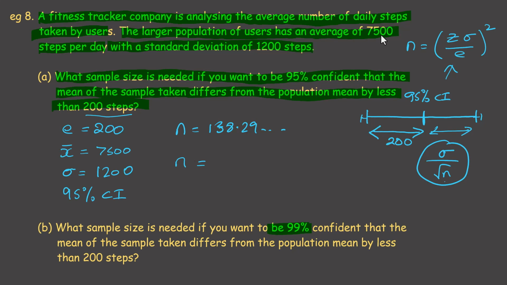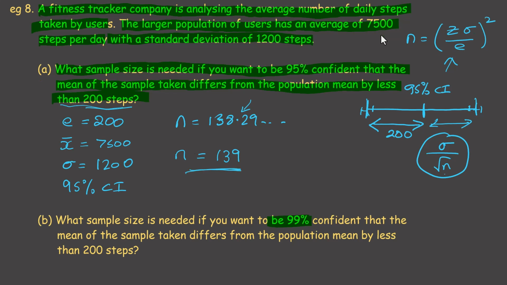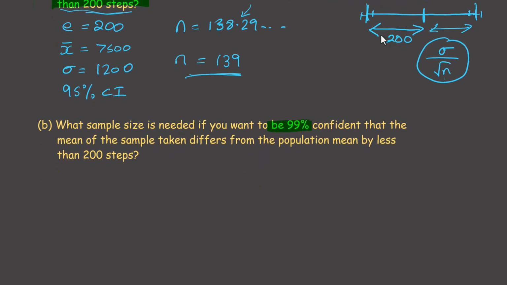We want it to be less than 200 steps. In other words, we'd rather it was in here. The exact width there is given by 138.29, but we need a whole number. So this is a situation where we round up. Even if that was 138.001, we'd round up. So it's 139.